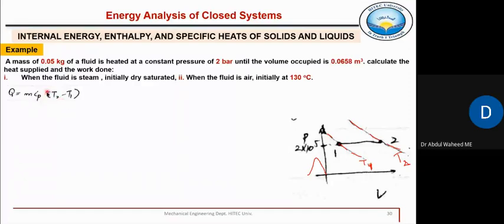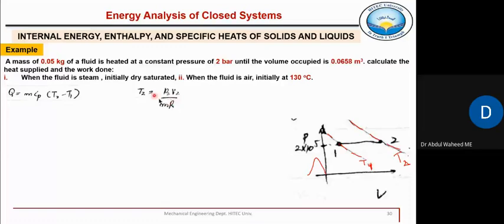Here Cp we shall assume constant from this point till this point. So here the Cp will be given. The question may not mention it, but Cp of air should be given. And also in this equation, T2 is to be calculated. T2 is not given. T1 is given, 130 degrees Celsius. So T2 is to be calculated, and we can use the ideal gas equation because it is air.